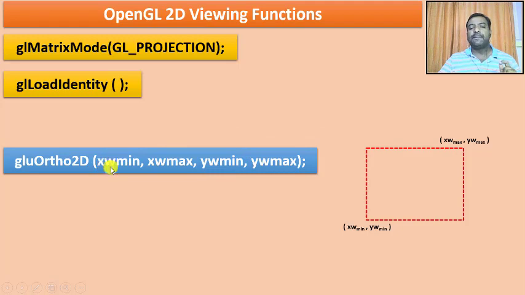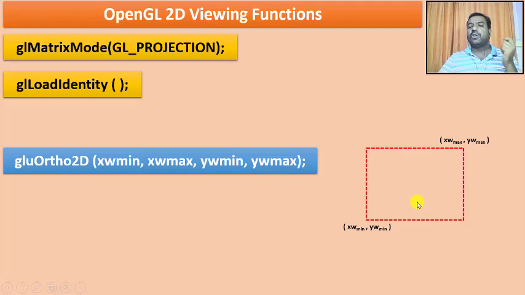W stands for clipping window or window coordinate. Hence, xw min, xw max, yw min and yw max. So using these two opposite diagonal corner points, I am going to draw a rectangle.